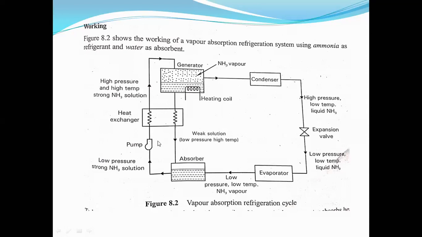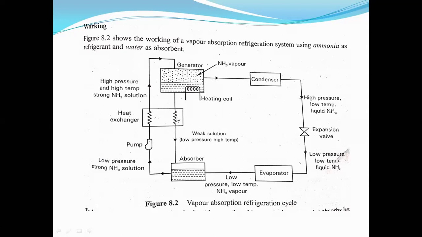Instead of low temperature, we are getting high temperature, and we have strong ammonia solution, which became strong after passing through the absorber. So we get the condition as high pressure and high temperature strong ammonia solution after passing through the heat exchanger.